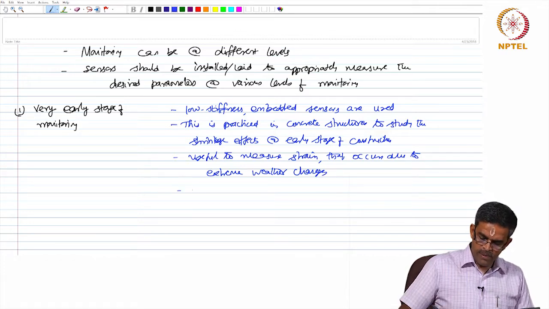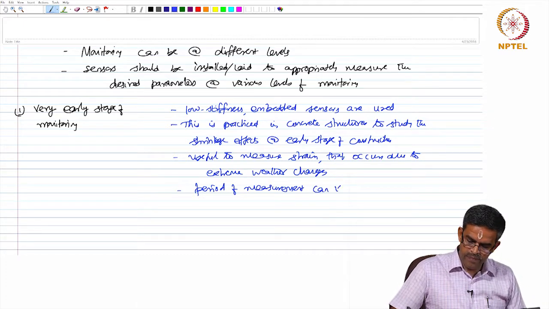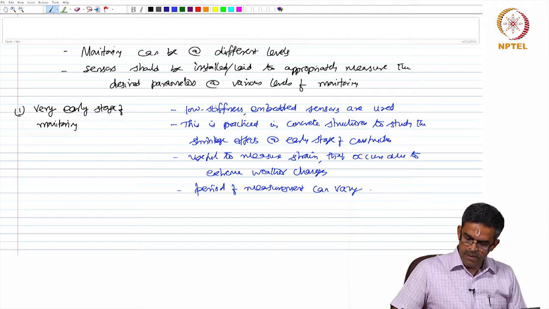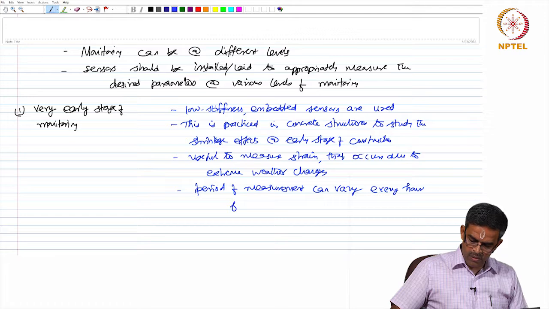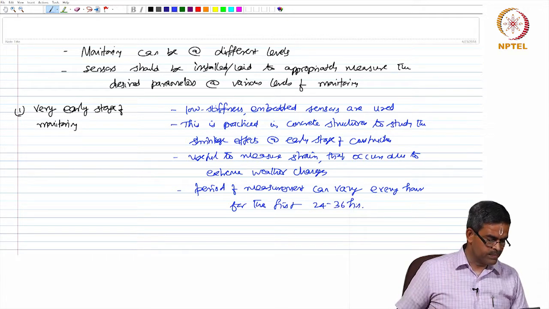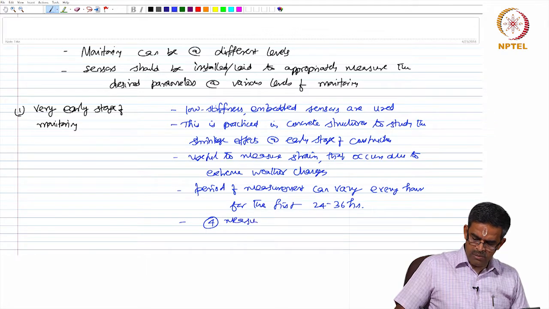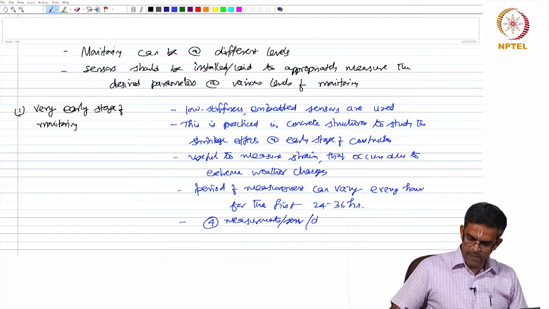In this case, period of measurement can vary, every hour for the first 24 to 36 hours. Then can move on to let us say 4 measurements per sensor per day.